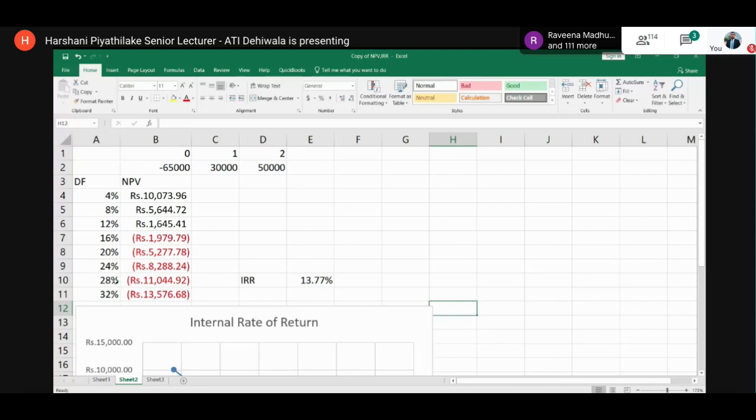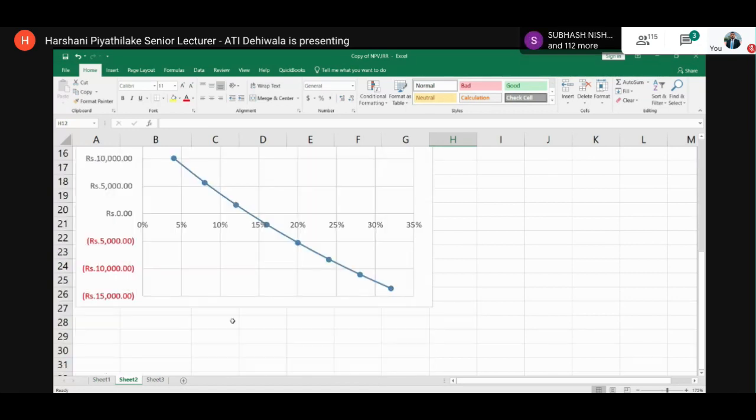Not like this. Here we have one IRR. Suppose that you have more than one IRR, then you can't take using formula. You have to draw and identify what are the IRR points. It means what are the points that NPV gives zero, right? Then for that purpose also you can use this graphical method, right?